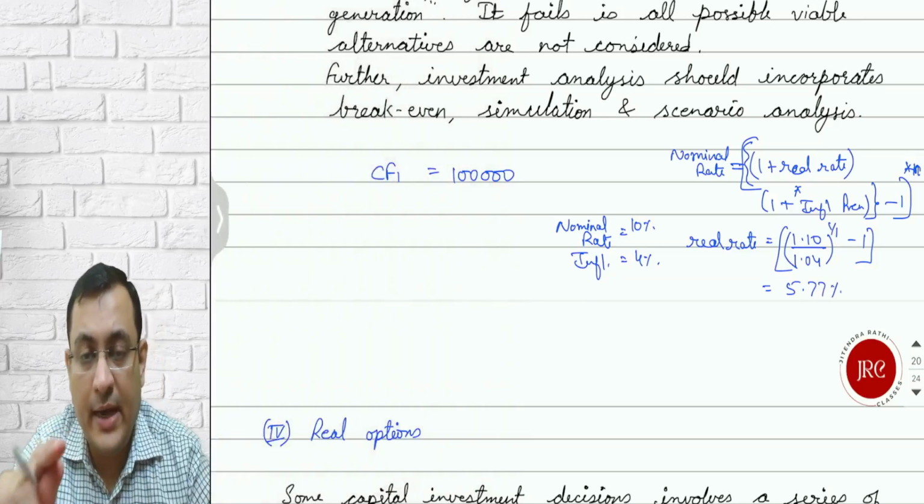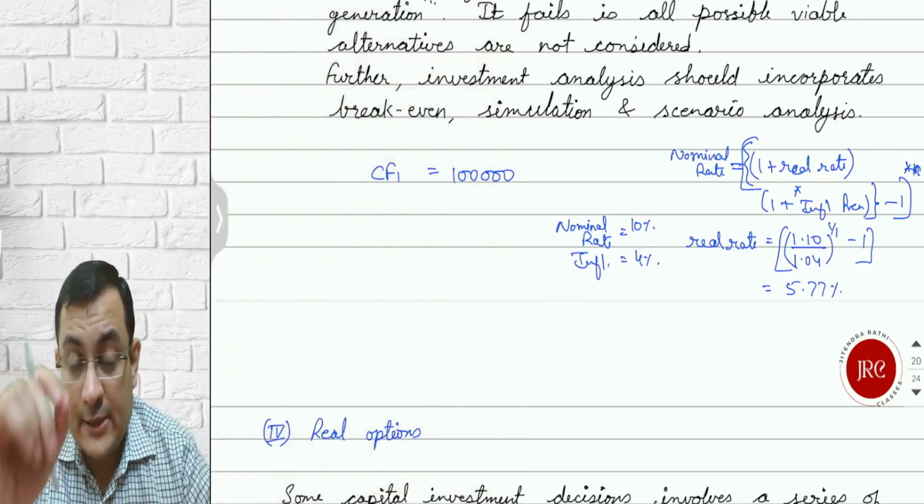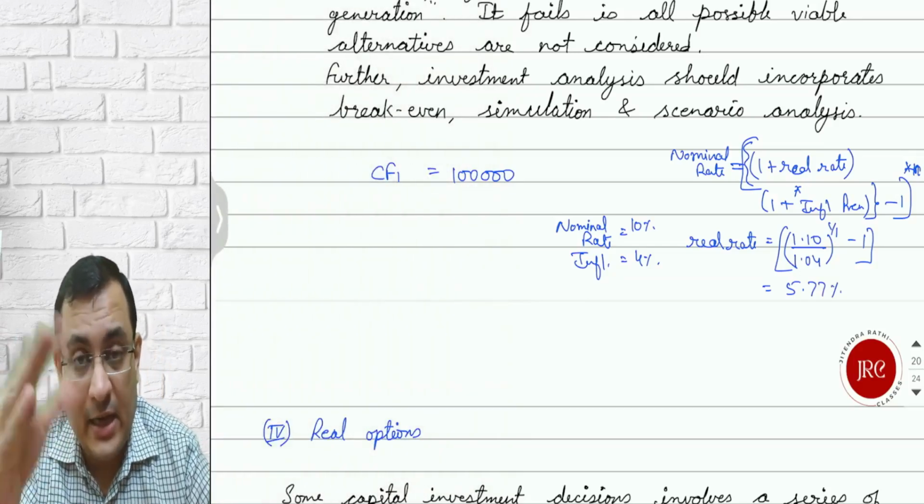That should be the rate used when you are discounting inflows which are inflation adjusted.